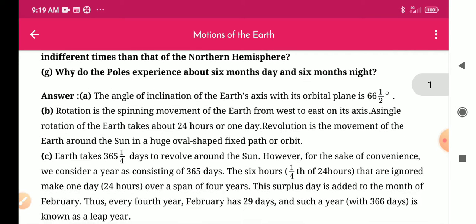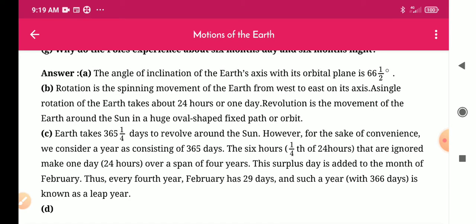C. What is a leap year? Answer: Earth takes 365 1/4 days to revolve around the Sun. However, for the sake of convenience, we consider a year as consisting of 365 days.